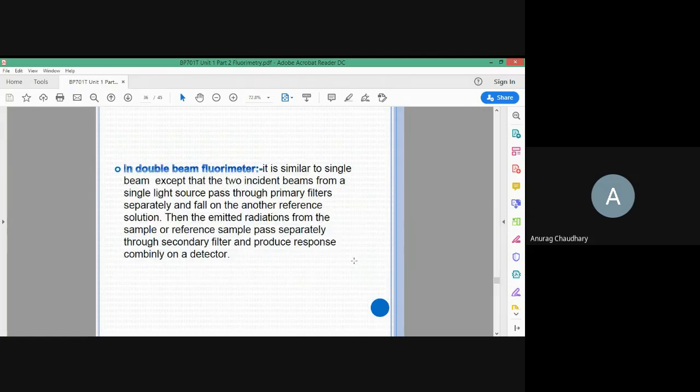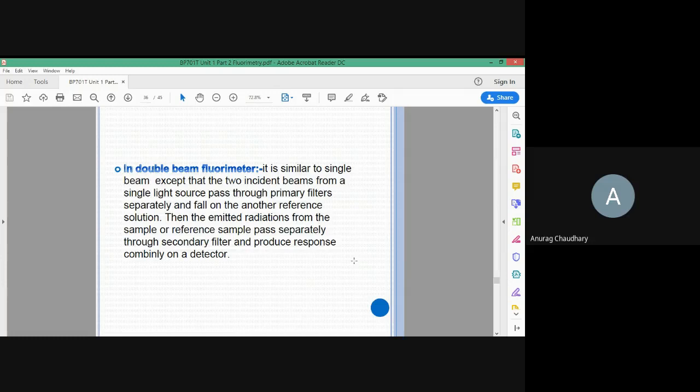Now, the double beam fluorimeter is similar to single beam except that it employs two incident beams from a single light source. One beam passes through the primary filter and it falls on a reference solution. Then the emitted radiation from the sample or reference sample passes separately through the secondary filter and produces a response combinedly on a detector.